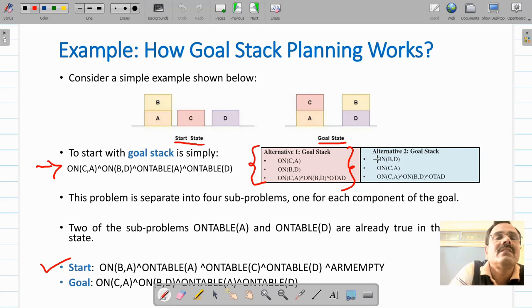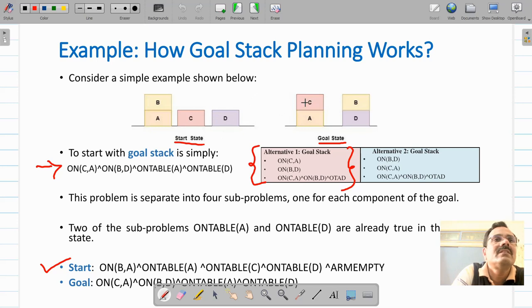Now let us look at the second alternative: B is on D. D is already on the table, so you can unstack B, not pick up, unstack B, and stack it on D. That will achieve the first subgoal.